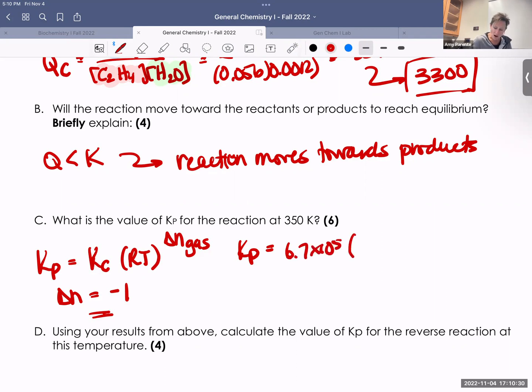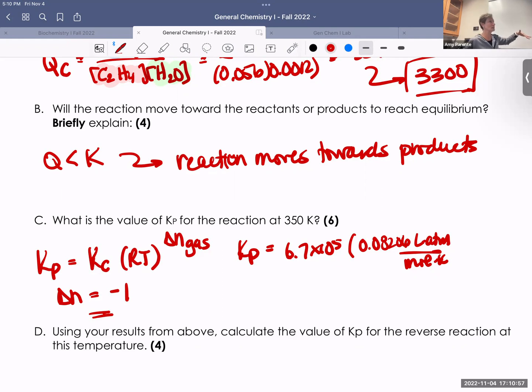We need to put our R and our T in. So R is 0.08206 liter atmosphere per mole Kelvin. Now you're going to see, I think there's 2 R values on the front page. You need to know which one to use. Units are going to help you here because we're doing stuff with gases. So you're going to want the one that's liter atmosphere per mole Kelvin. The other one has units of energy.